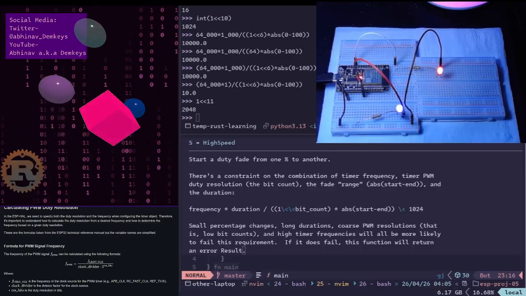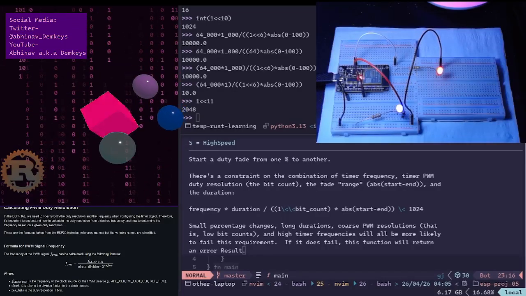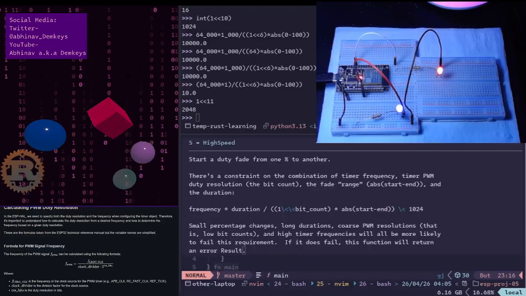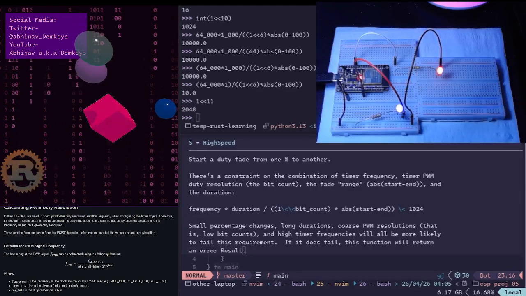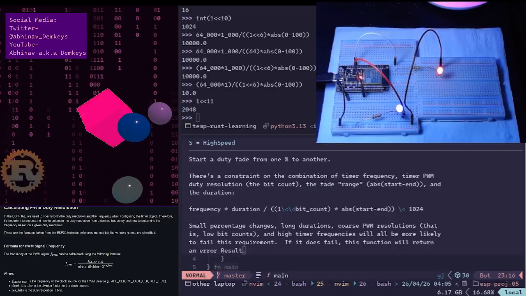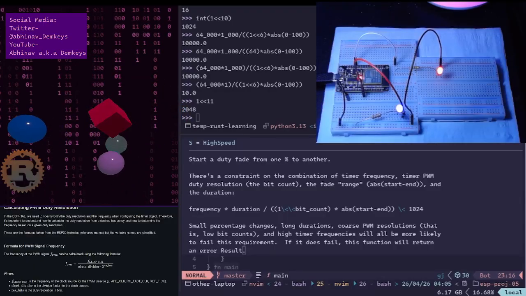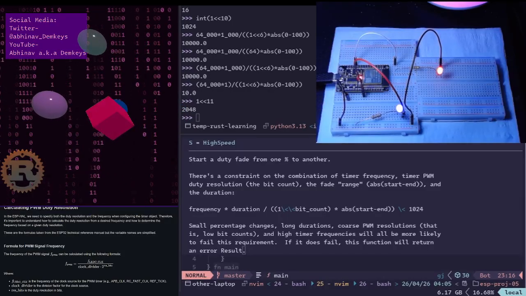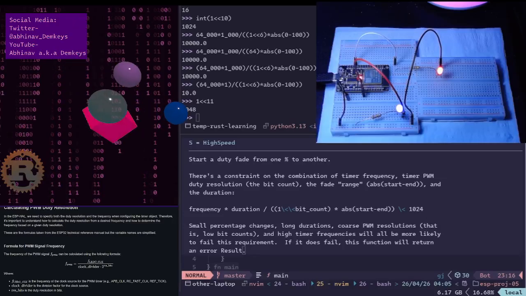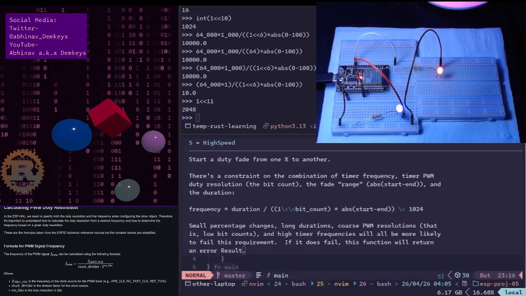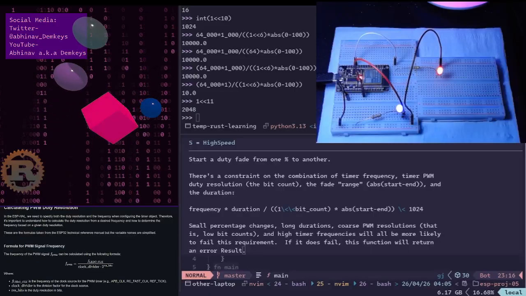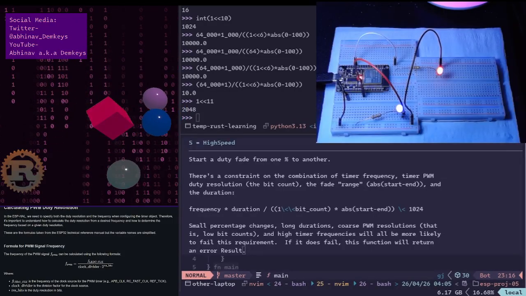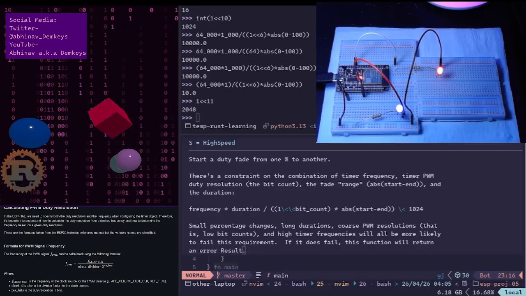Okay, the internal hardware counter for these steps is usually 10 bits. If your frequency is very high and your duration is very long, the hardware will have to wait more than 1024 cycles before each duty cycle change.